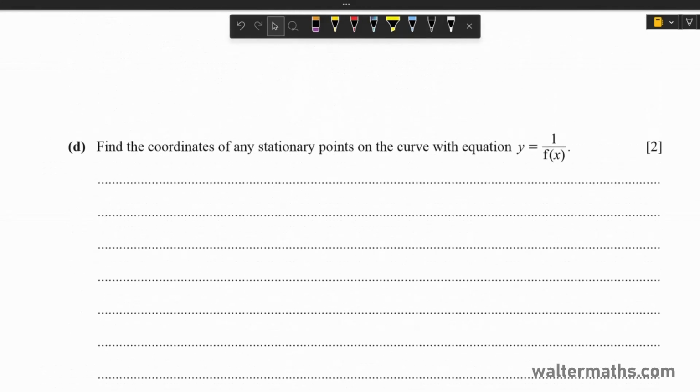So I'll say here, for y is equal to f of x, stationary points are at 0, 0 and at minus 2 and minus 4.